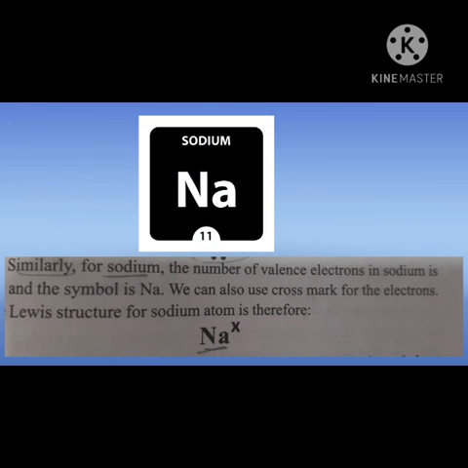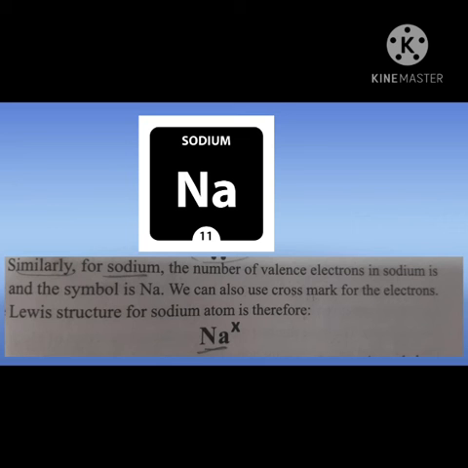Similarly, we can observe some more examples also. We want to write the Lewis dot structure for sodium. What is the symbol for sodium? Na. So we write the symbol of sodium, Na. What is the electronic configuration of sodium? 1s2, 2s2, 2p6, 3s1, 11 electrons. So in the outermost shell we get 1 electron; the valence electron is 1.